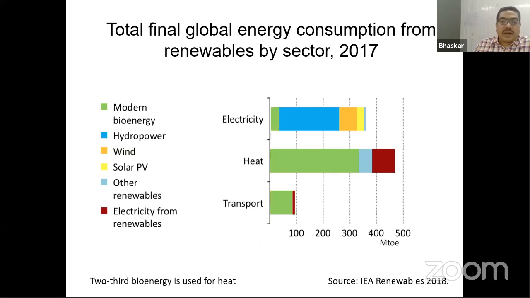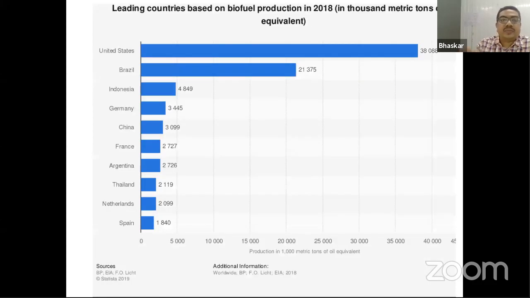This bioenergy can be used in almost all sectors. We can use it in the transport sector, and of course for heat generation, and for generation of electricity also. And likewise other forms of energy can also be used in all three components.